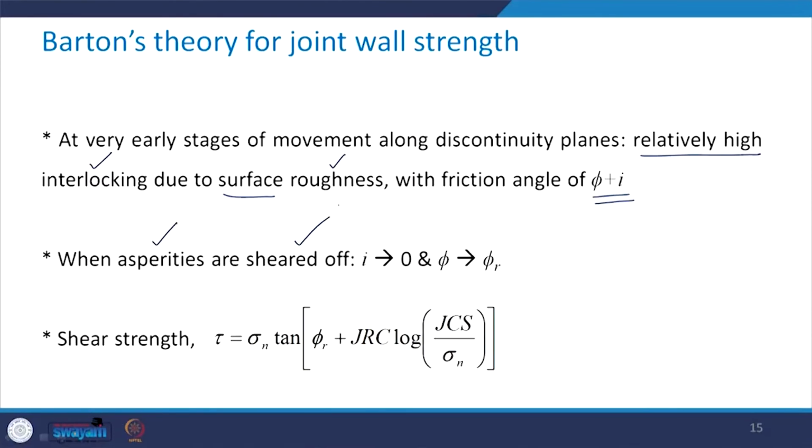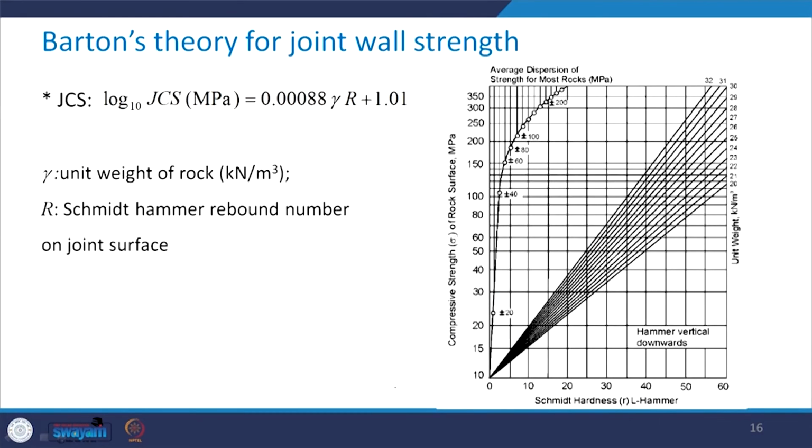In that case, I reduces to 0 and phi reduces to the residual friction angle, phi r, and therefore the shear strength is given by this expression, which is for the large value of sigma n.